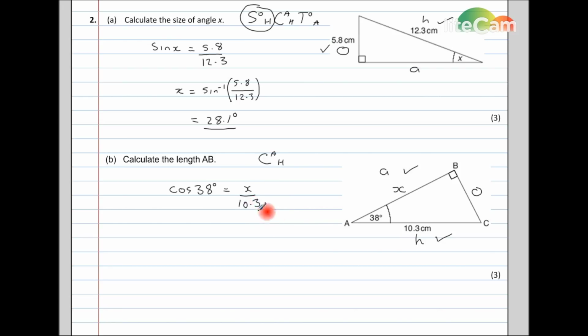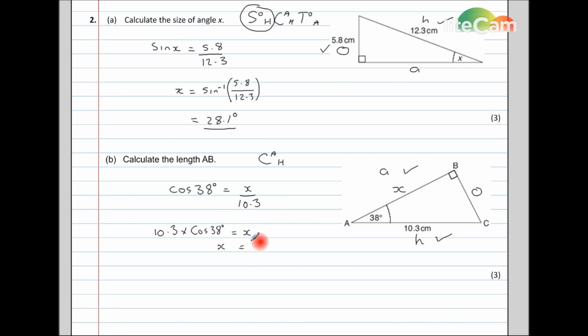So in order to cancel out that dividing by 10.3, we need to do the opposite, which is multiply by 10.3. That's going to remove it on this side, but we've also got to multiply this side by 10.3 to make everything balance. So we get 10.3 times cos 38 degrees equals x.